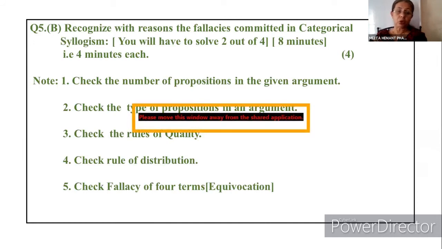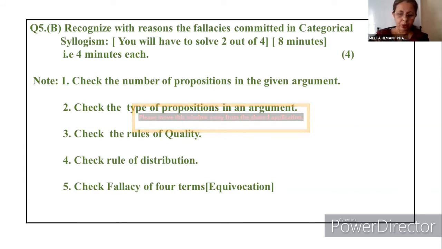Then you have to check the fallacy of four terms, whether the subject term, predicate term, or the middle term is used ambiguously. All these are minor things in logic, but they carry marks.